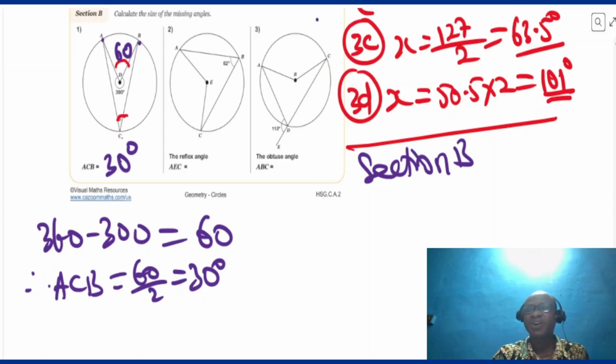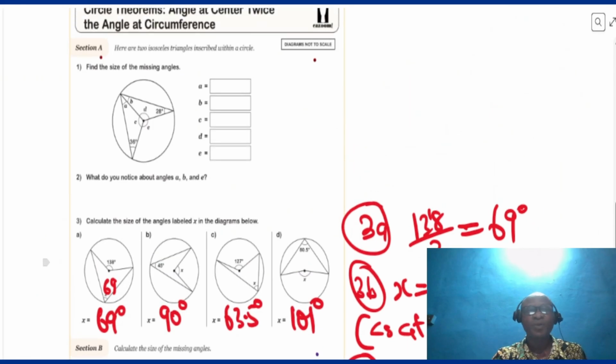Pure. Let's go back to the one I did earlier. Watch out. See this place. This point and this point, we are used to form angle 138. Can you see the 138? The 138 is not inside that quadrilateral. Can you see? It's not inside. It is outside.